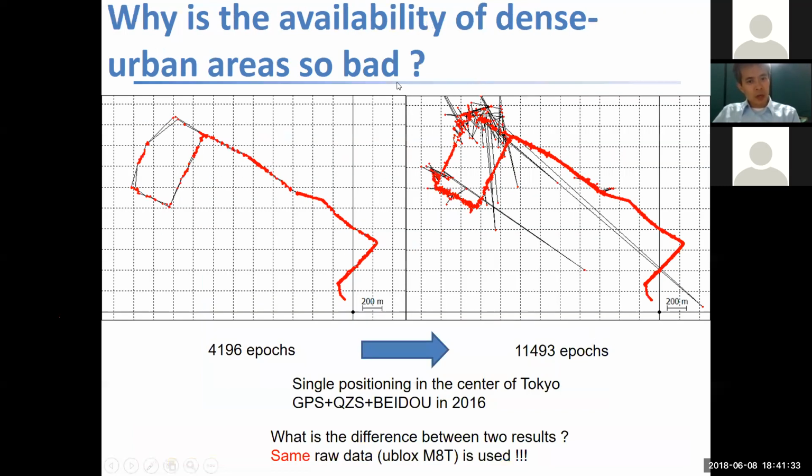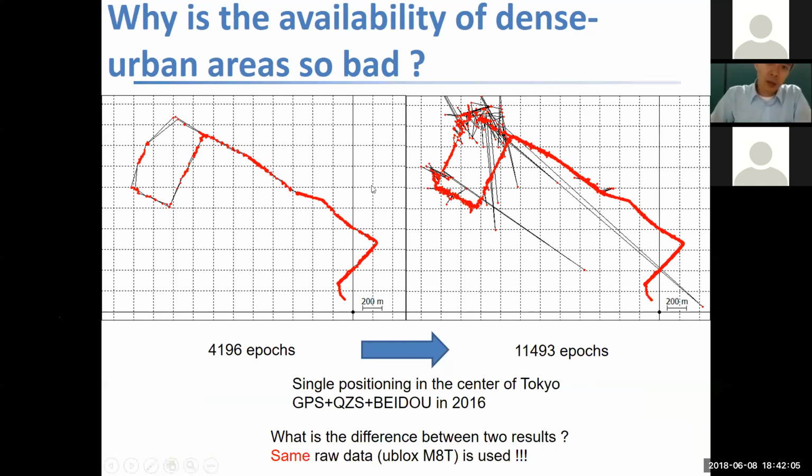Okay, so I have had several questions in the last year, even this year. Why is the availability in dense urban areas so bad in RTKLIB? I already talked about this. Here is the same observation data we used in single point positioning. The left figure has only 4,200 epochs and the right figure shows 11,500.